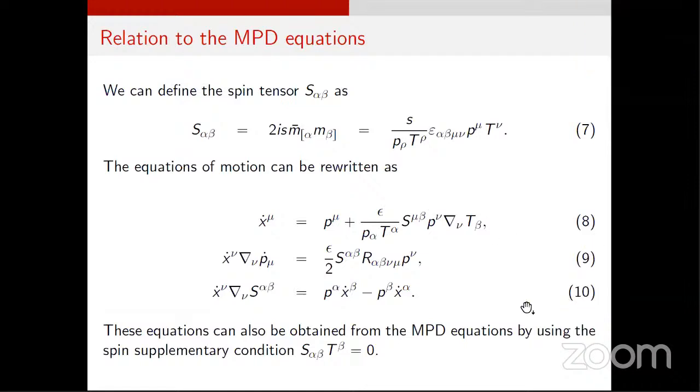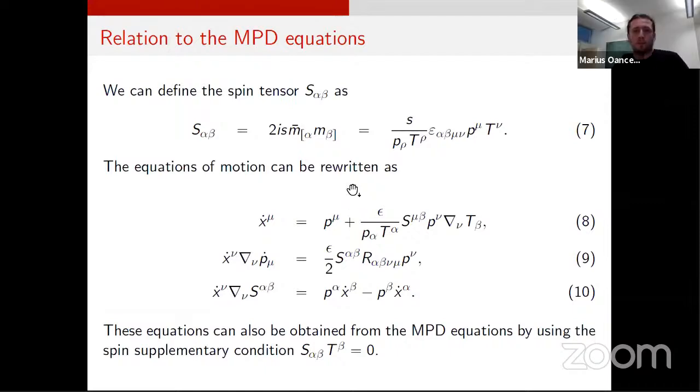Is this form of the spin tensor the most generic form of the spin tensor that you could write down from the Mathisson-Papapetrou, or is this a specific spin tensor that is coming from your analysis? No, this is coming from our analysis. And then we just observe that equations 8, 9, 10, which are our equations, are equivalent to the MPD equations with this supplementary condition, S contracted with T equals 0.